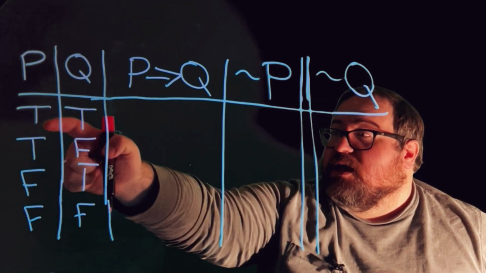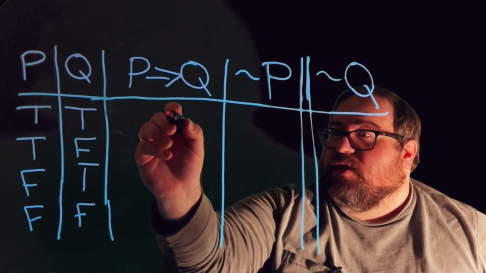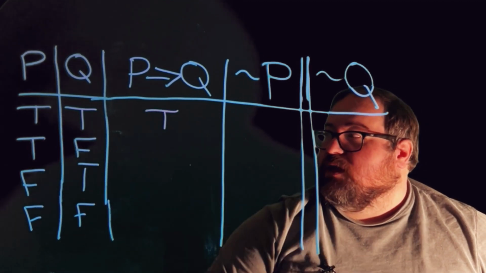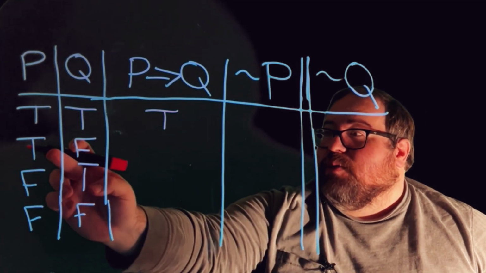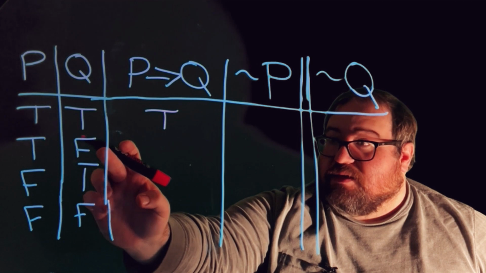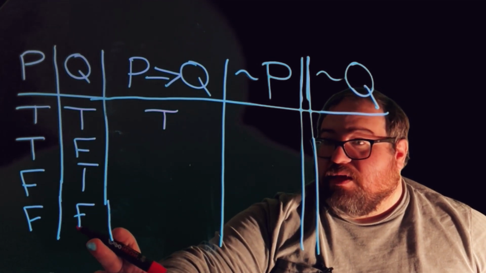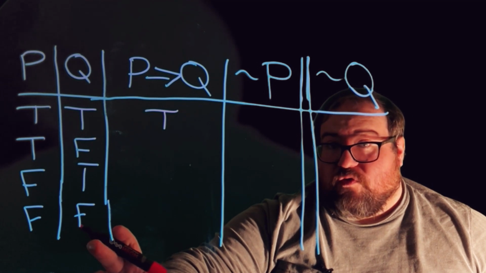Well, if P and Q are met, then it is regarded as true. If P is met, but Q is not met, is it regarded as true? If both of them are not met, is it regarded as true?